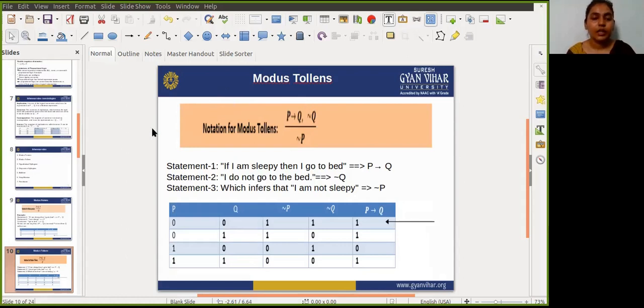So it can be written as P implies Q, and not Q. So the conclusion will definitely be not P.